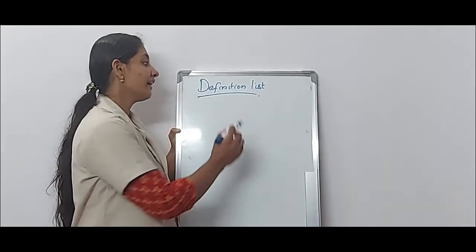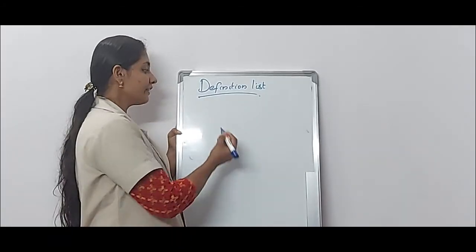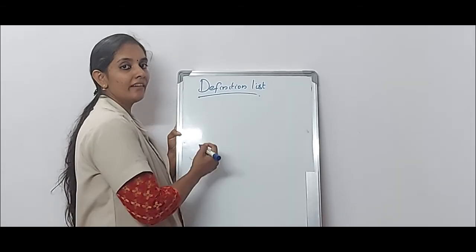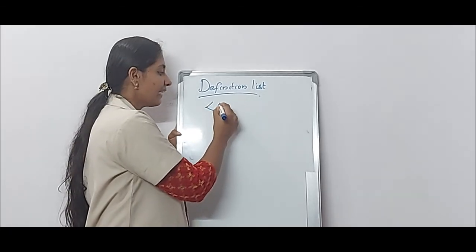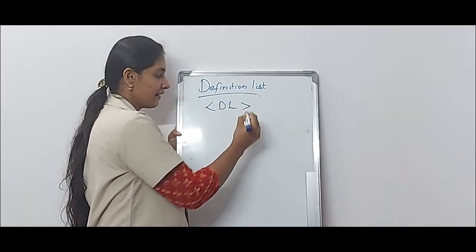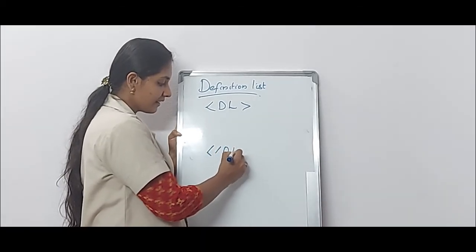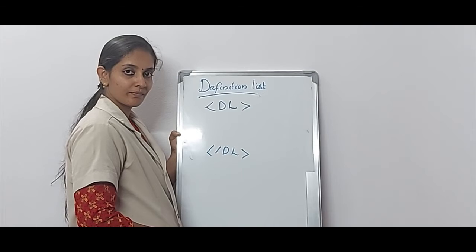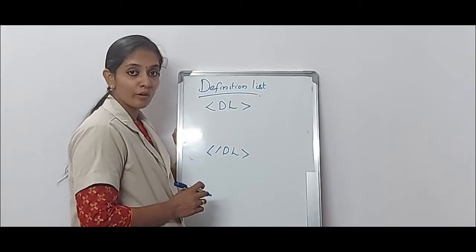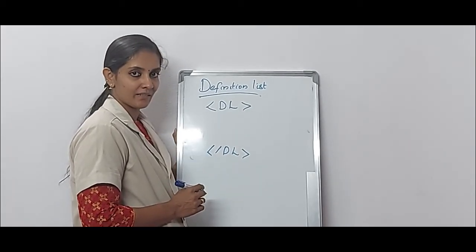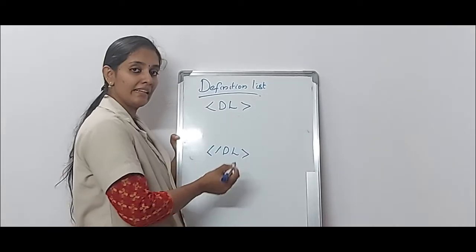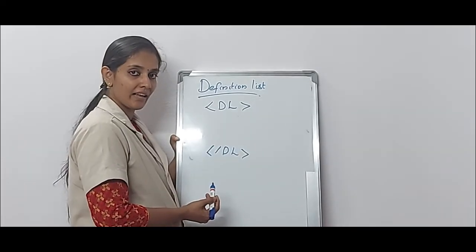Next is definition list. Definition list we can represent using the tag DL and it should close using /DL. Definition list also known as description list and it should start with DL and close with /DL.